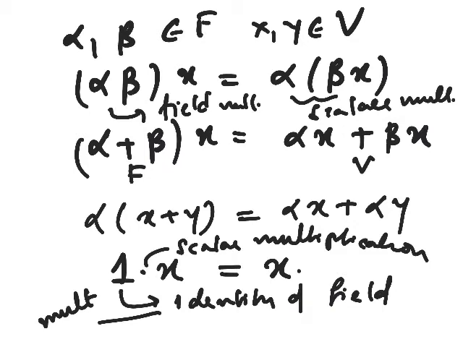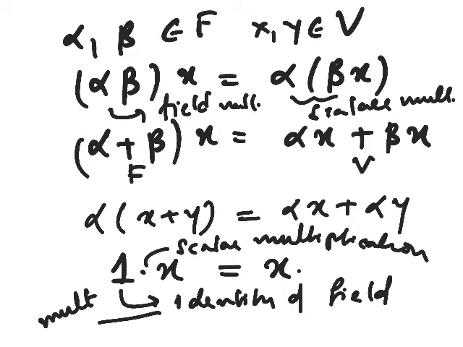Okay, now examples. The formal definition is over. You have to give me examples of a vector space. Remember, the moment I say vector space, what should come to your mind is these 4 objects: a V, an F, a vector addition, and a scalar multiplication. These 4 objects together define a vector space.